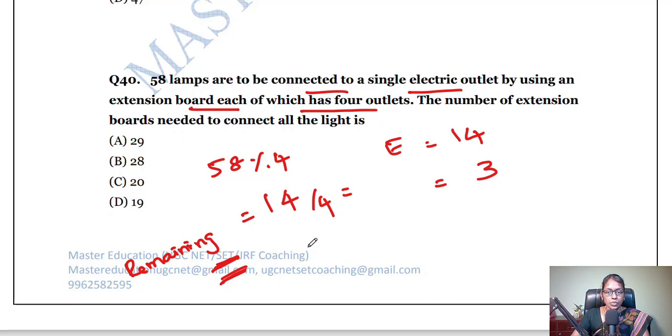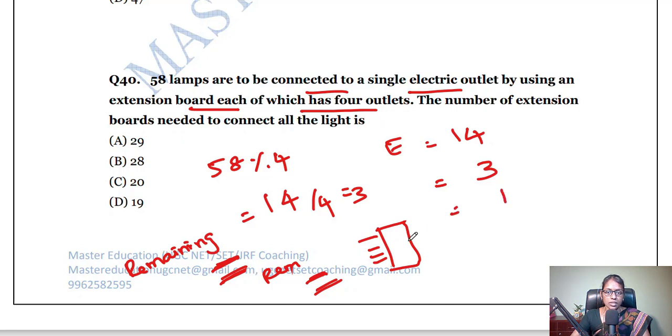Again in step 2, 3 fours are 12 and the remainder is again 2 lines. To combine these, the remaining lines are combined with 1 extension cord.